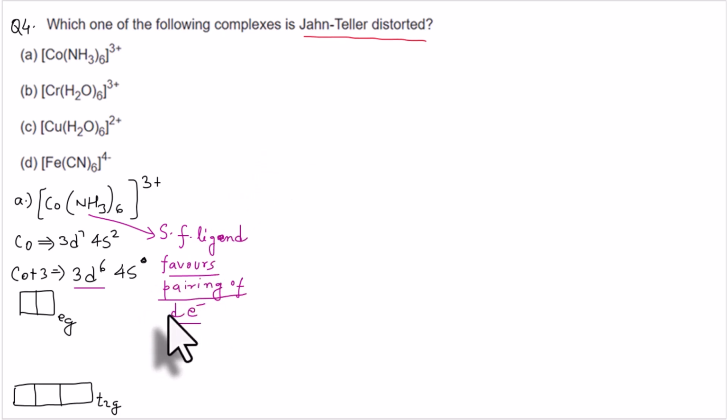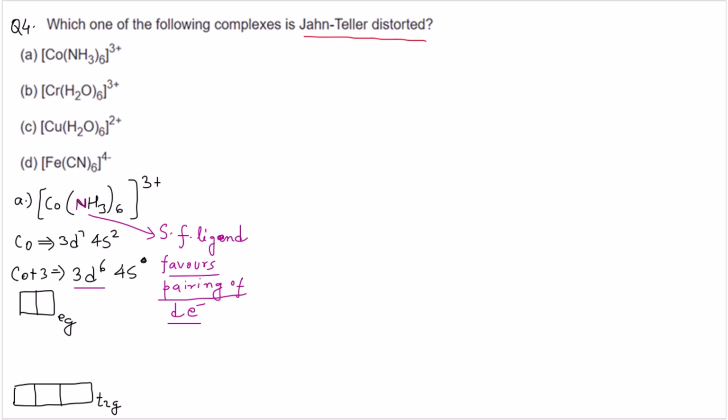Ammine is an intermediate ligand in the spectrochemical series, and it becomes a strong field ligand only in higher oxidation states, while in lower oxidation states like +1 and +2 it is a weak field ligand. Cobalt is +3, a higher oxidation state, so it is a strong field ligand here.